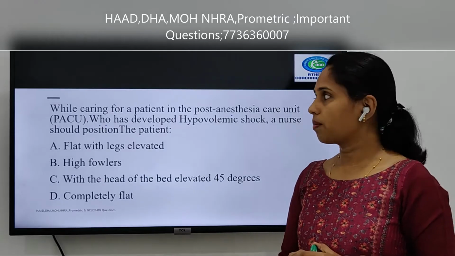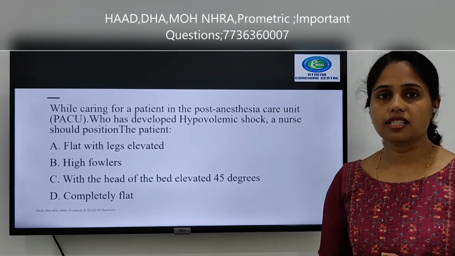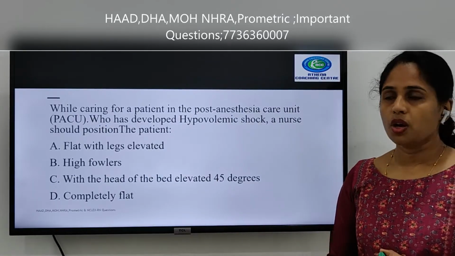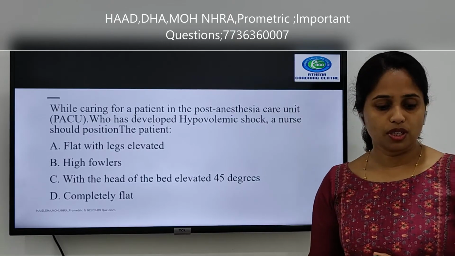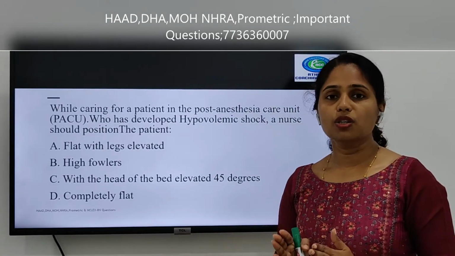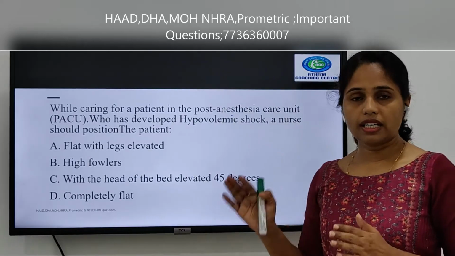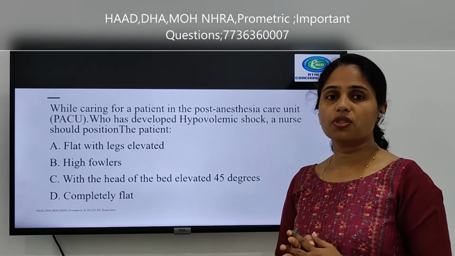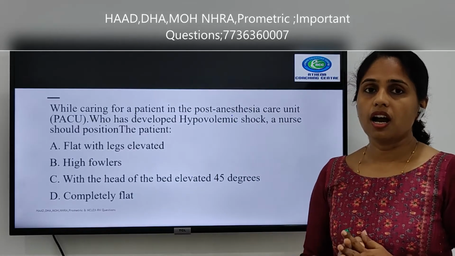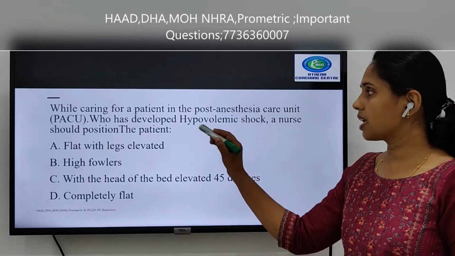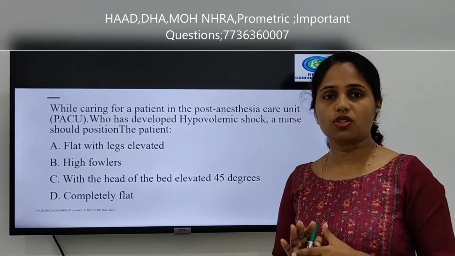While caring for a patient in the post-anesthesia care unit who has developed hypovolemic shock, a nurse should position the client. So currently the patient is there in the post-anesthesia care unit. After surgery, the patient has developed hypovolemic shock.